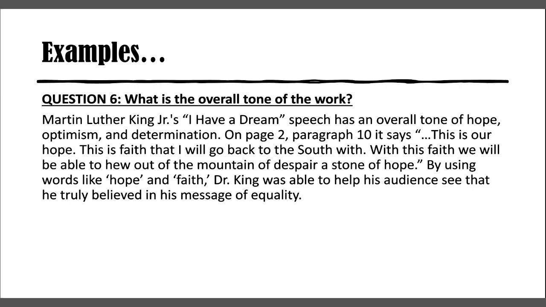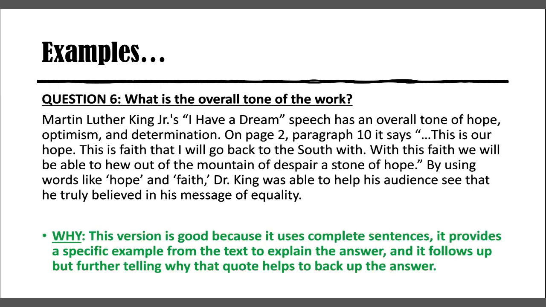Okay, so do you think that this is a good example or a poor example? It's actually a very good example because, number one, it uses complete sentences. So all of this is written in complete sentences. It also provides a very specific example from the text in order to explain their answer. The primary piece of their answer was saying that the speech has an overall tone of hope, optimism, and determination.